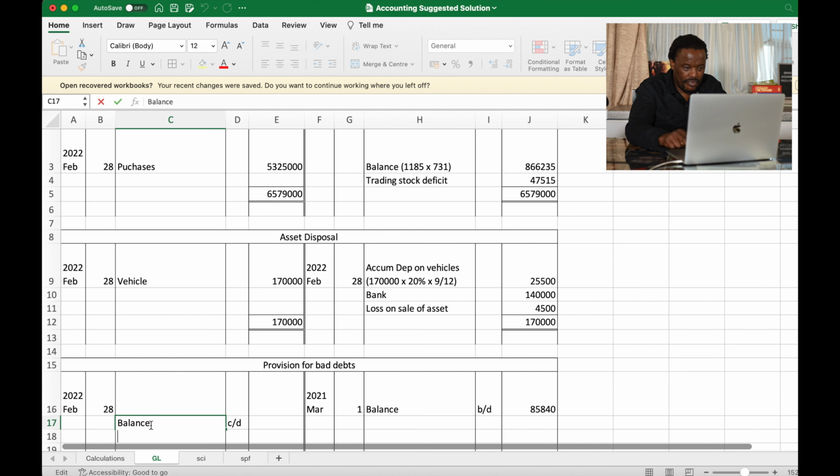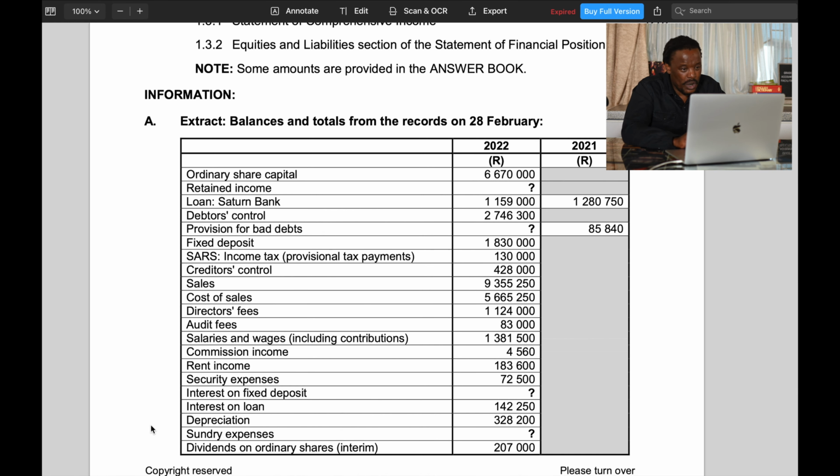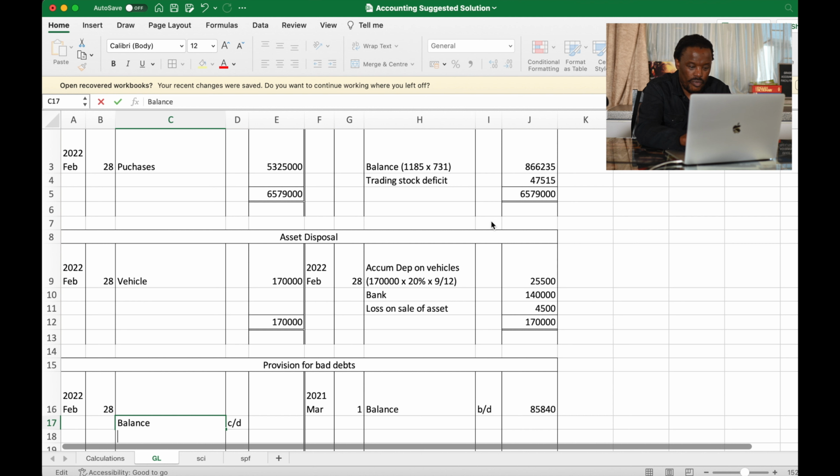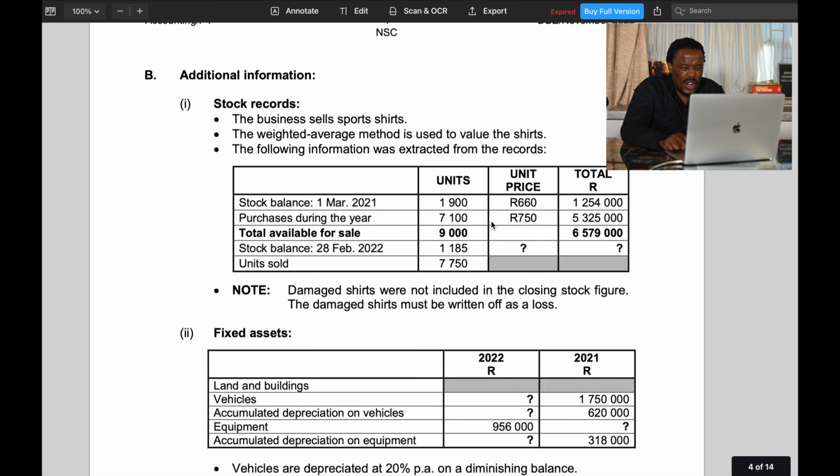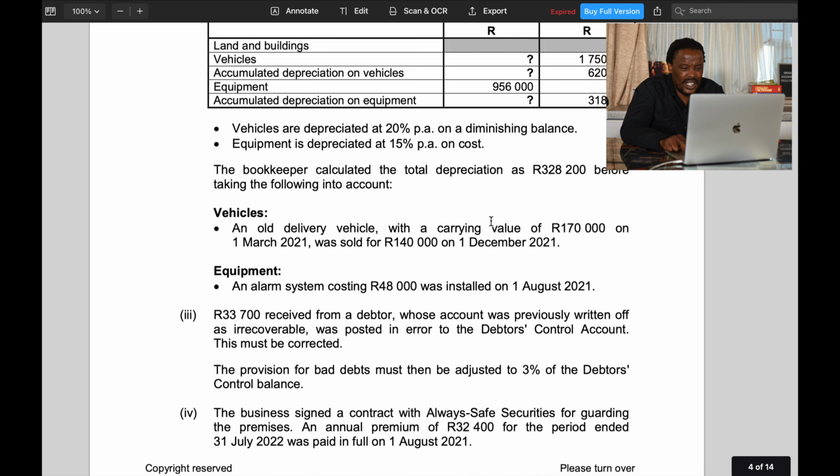We're gonna say, okay, debtors control 2,746,300 plus what was incorrectly recorded. What was incorrectly recorded was posted in error to the debtors control account, 33,700.